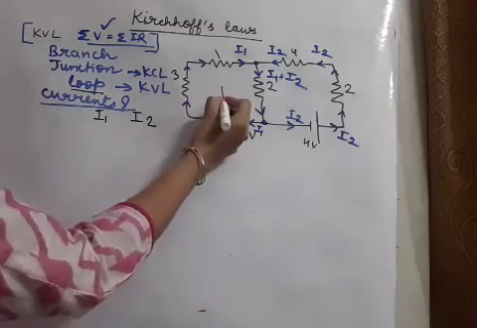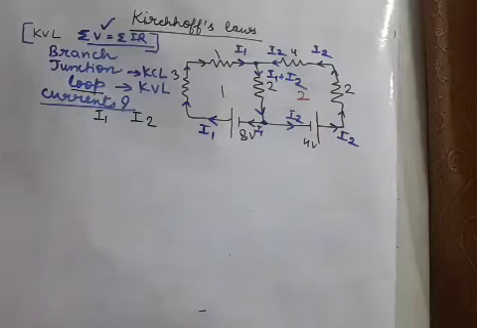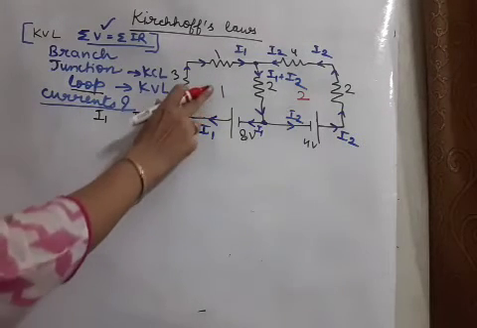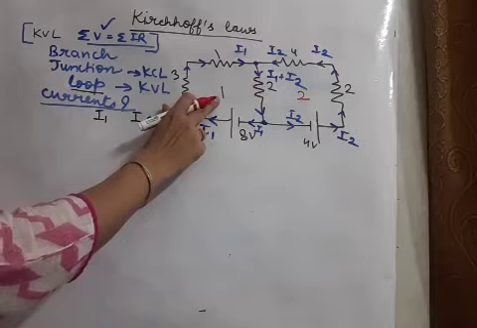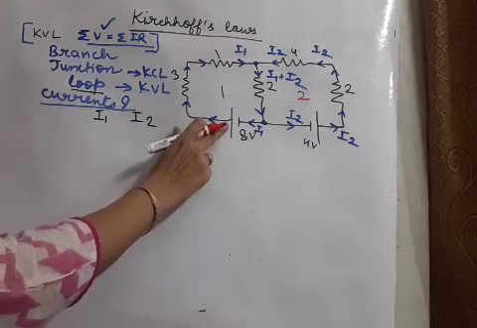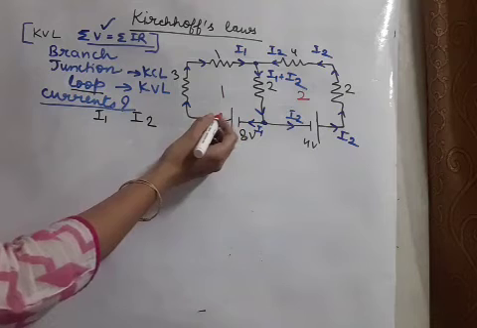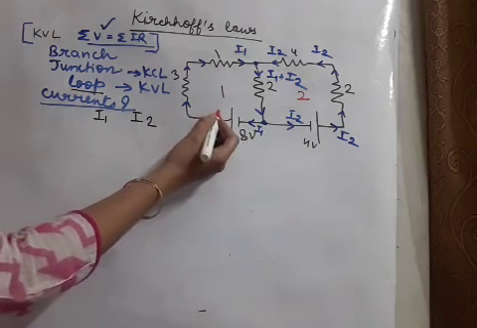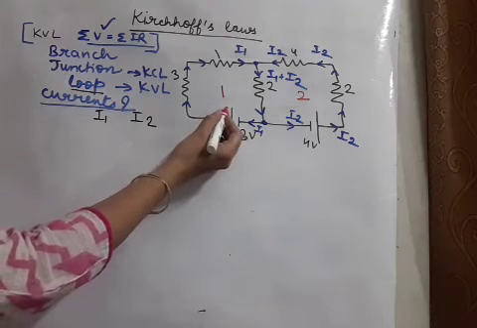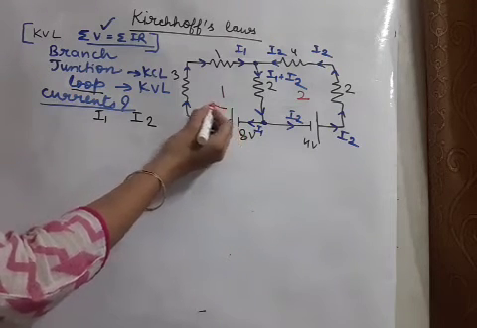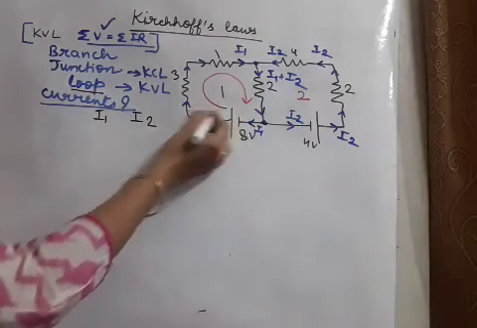Suppose this is loop 1 and this is loop 2. Now in loop 1, the battery's positive is here. We have to select a positive direction of current, so we take the current direction from the positive of the battery.